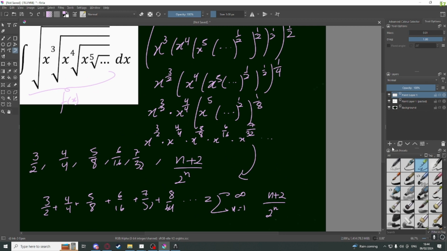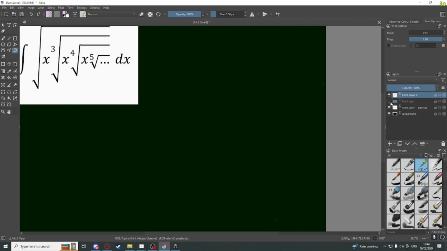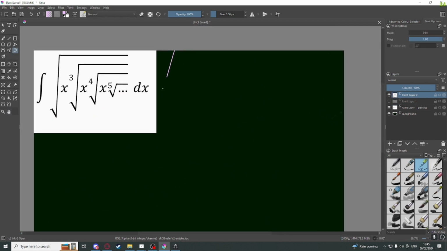And so my integral can be rewritten as the integral of my series of n plus 2 over 2 to the n starting from 1 to infinity.